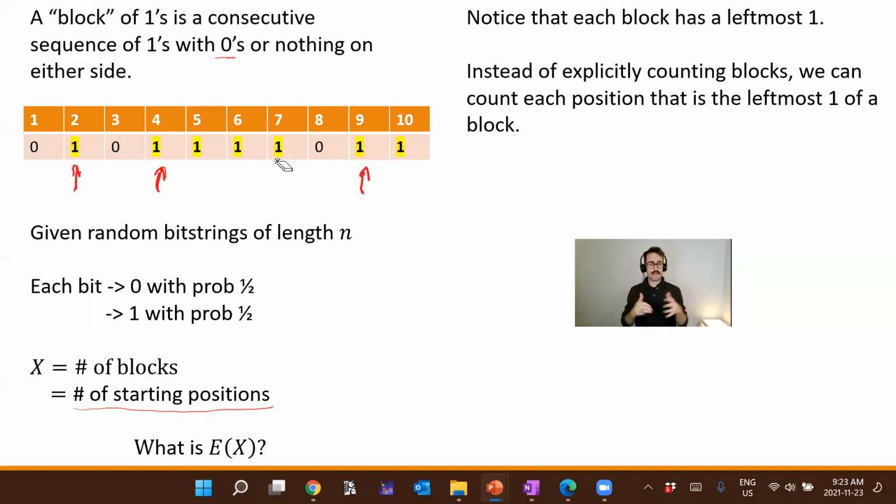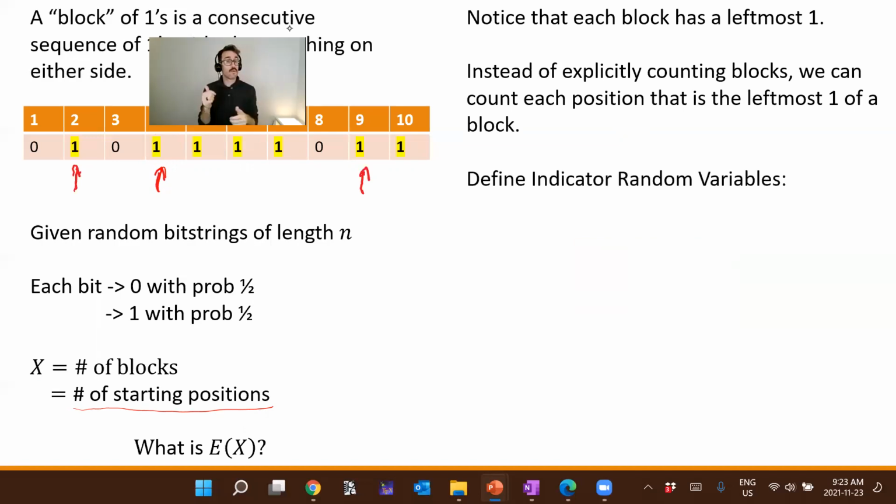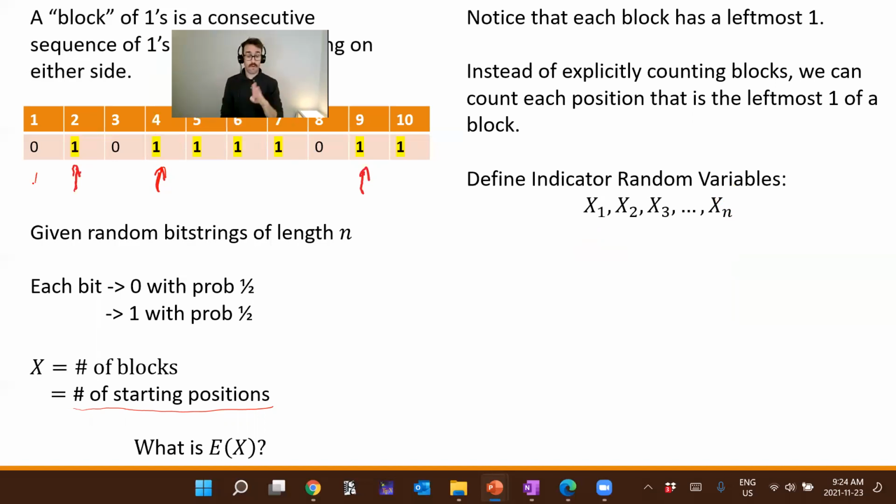So instead of explicitly counting the blocks, we're going to count each position that is a leftmost one of a block, right? So we are going to define indicator random variables x1 through xn. Our bit strings are length n, so a block can start at location 1, location 2, location 3, and we can even have a single block start at location n.